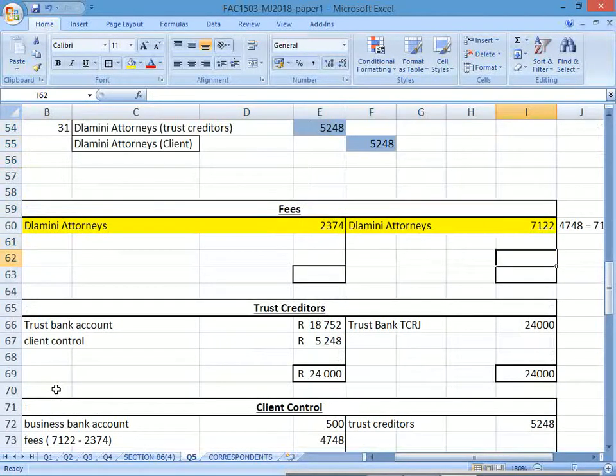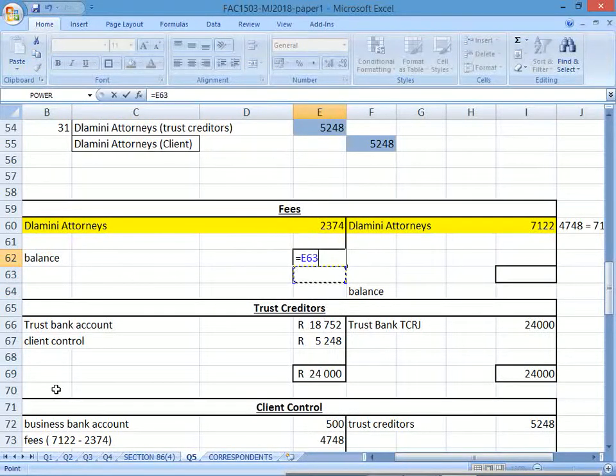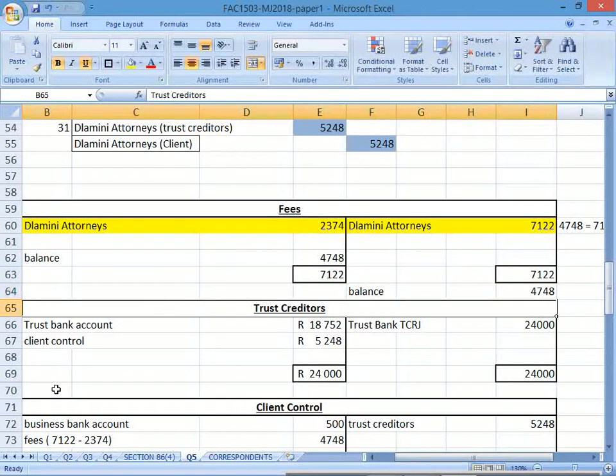And the fees account has a balance. Okay, so the balance here would have been the difference. Okay, 4748.